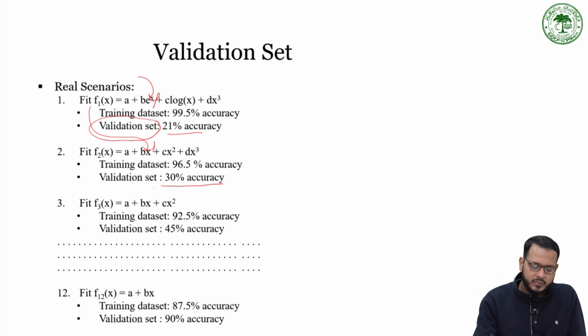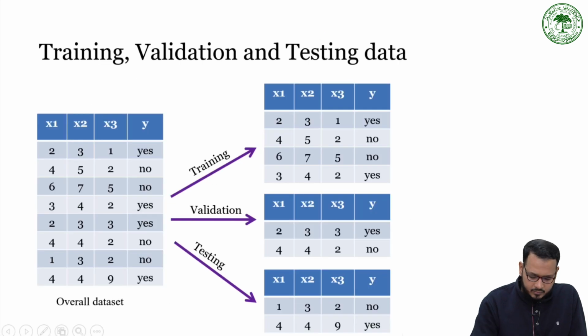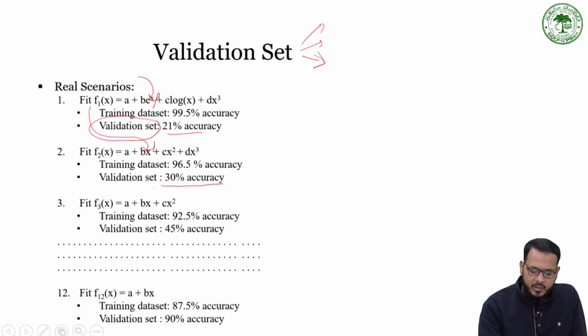So what we do is we take our data set and we divide that into three categories. One is of course the training data set. Next is the validation data set, and the last one is the testing data set.